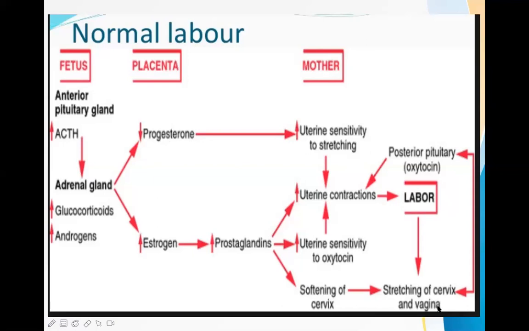Because of the stretching of the cervix and vagina, some neural pathway will be stimulated, and that neural pathway will further lead to oxytocin release. Oxytocin is a very powerful contractile hormone for the uterus, which can lead to start of the labor. So this is how normal labor starts.